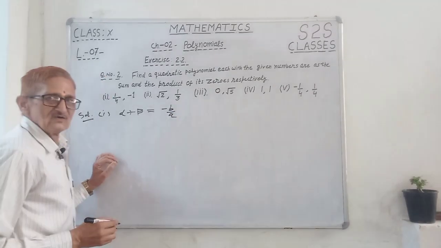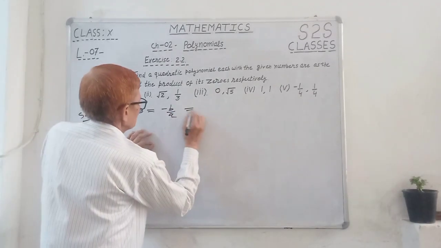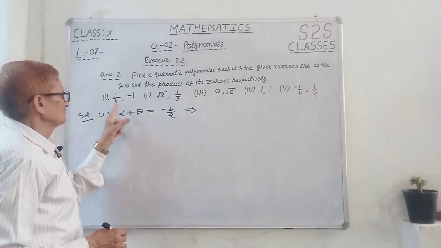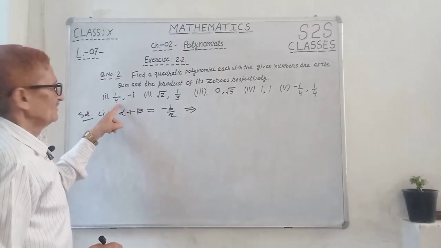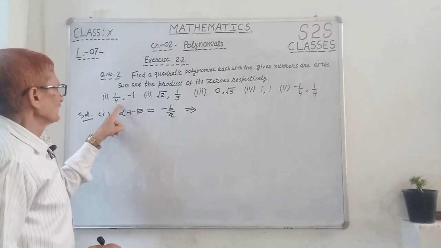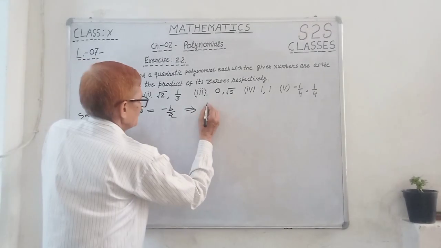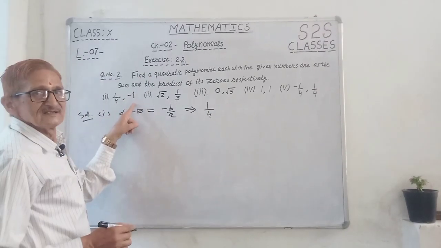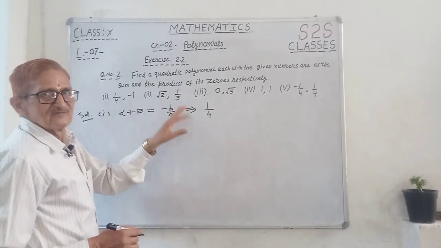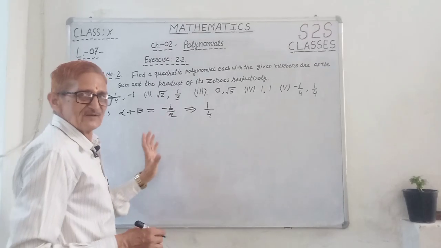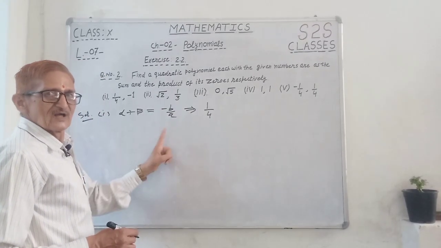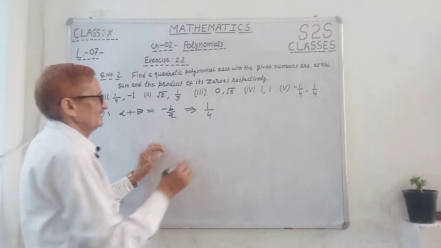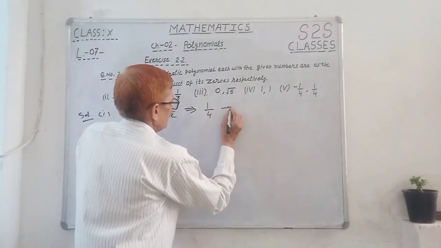This formula we know. So this implies alpha plus beta, the sum of zeros, is given as 1 upon 4 in the first part, and the product is given as minus 1. So alpha plus beta is 1 upon 4, and this is minus b upon a. This is equation number 1.